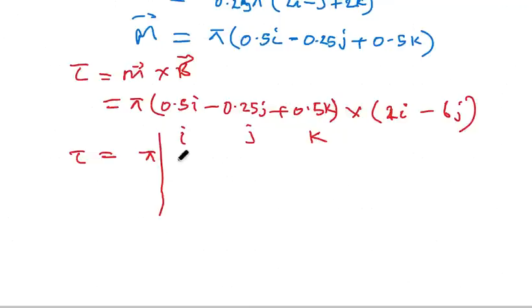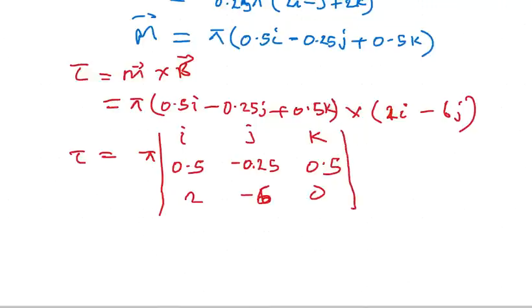For the magnetic moment, the i component is 0.5, the j component is minus 0.25, and the k component is 0.5, and for the magnetic field, the i component is 2, the j component is minus 6, and the k component is 0.